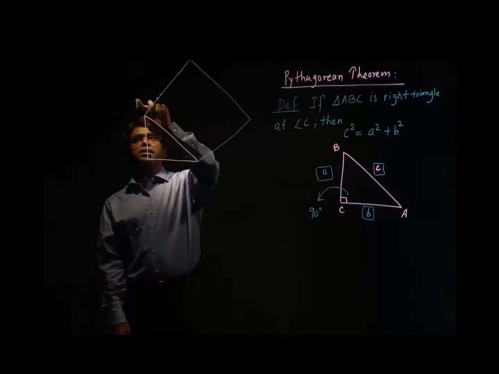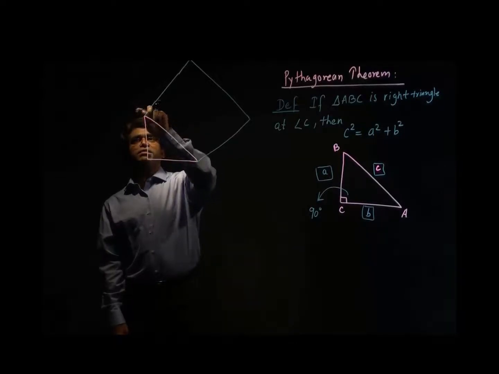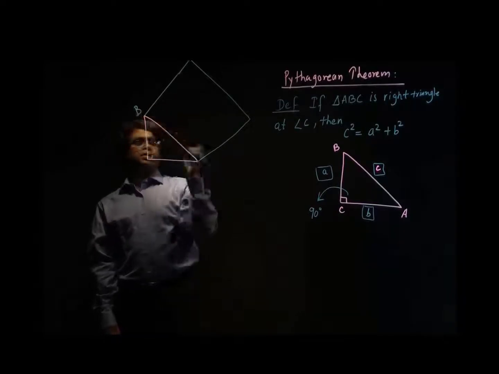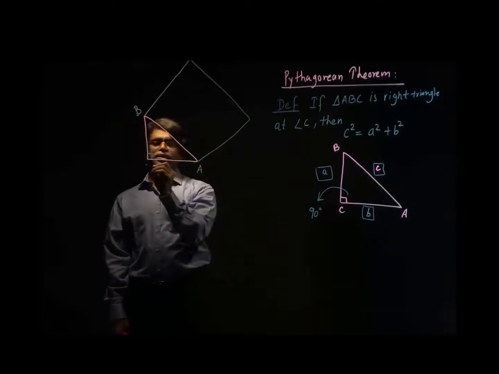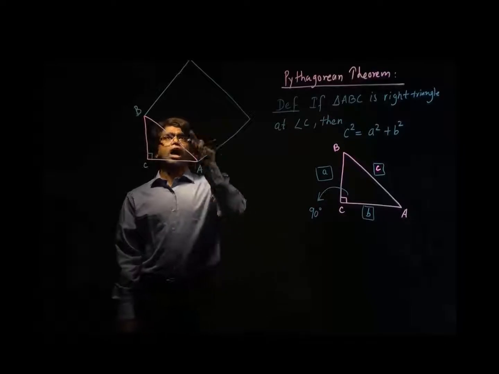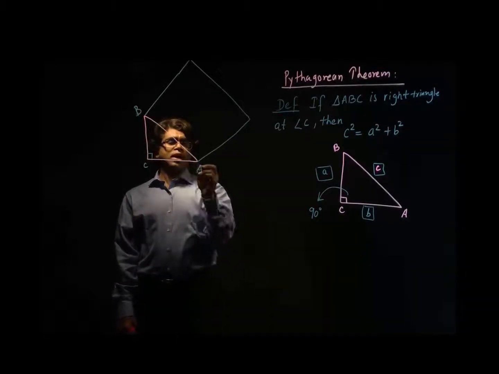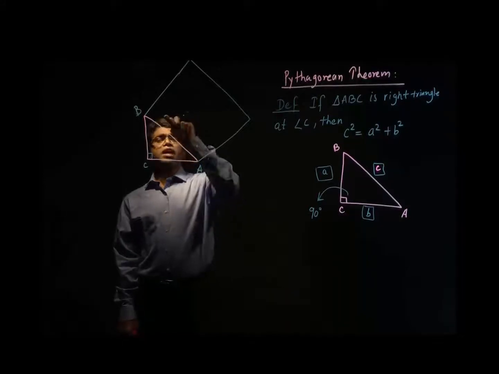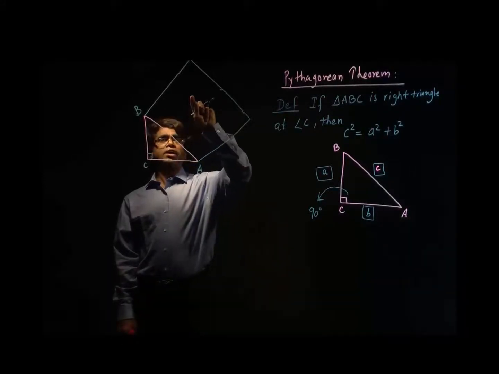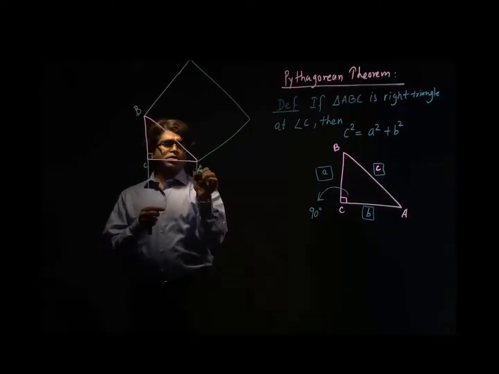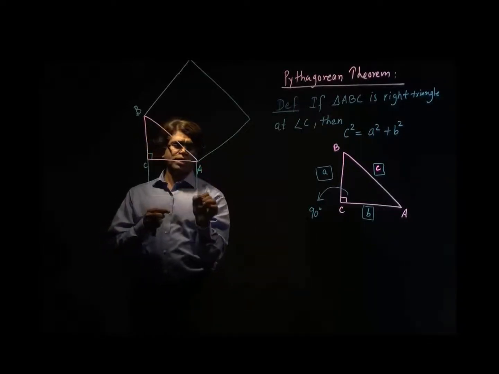Let me be consistent: this will be my B, this will be my A, and this will be C. So I'm drawing a right triangle ABC, and I'm also drawing a square on all the sides of the triangle.